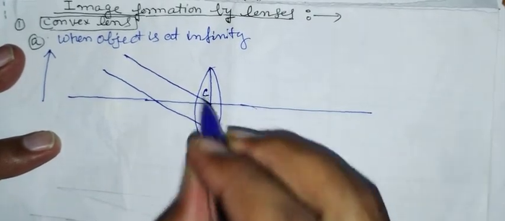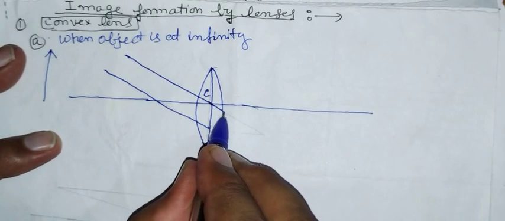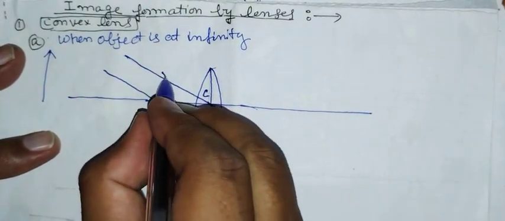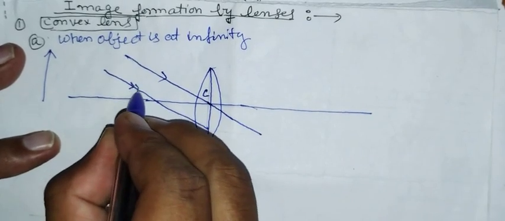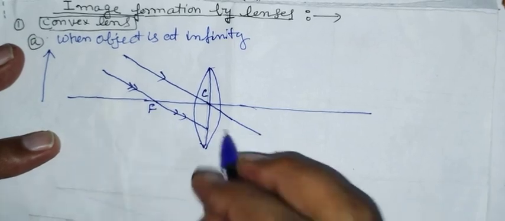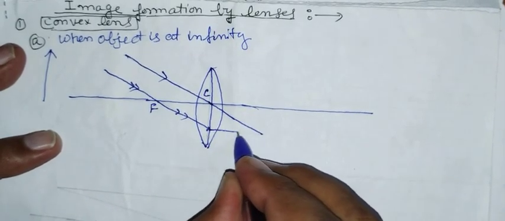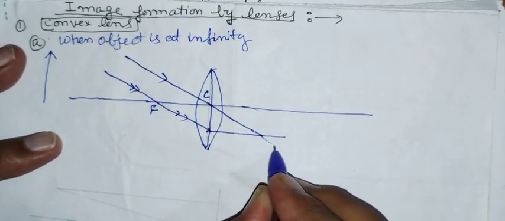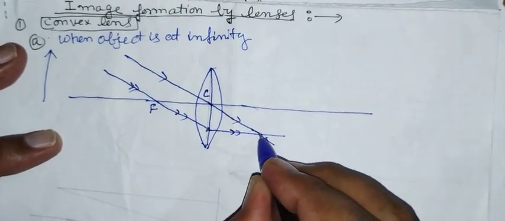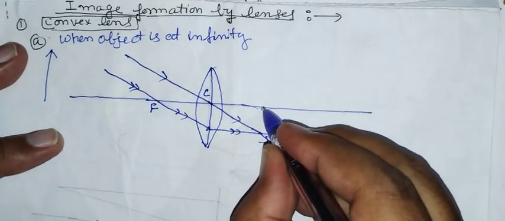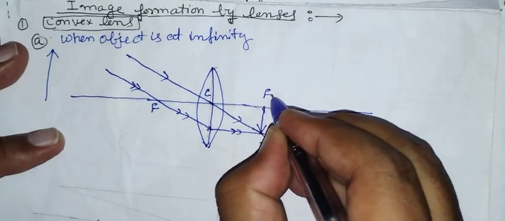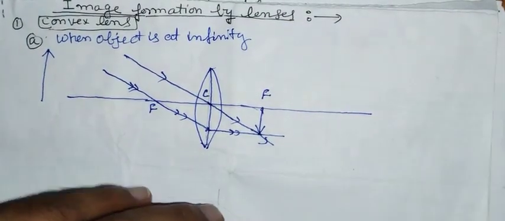This is the optical center. According to the rule, it is undeviated. This is ray number 1. Ray number 2, if it passes through the focus, becomes parallel to the principal axis. The first ray and second ray intersect at this point. The image is formed here. The position where the image is formed is the focus.